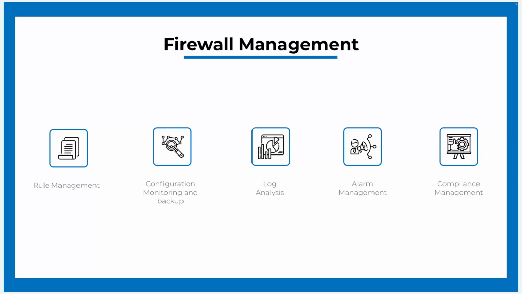It also helps you keep track of security and traffic logs using its log analysis features. And then you have the alarm management, which helps you get notified of attacks and anomalies as and when they happen. Finally, you have the compliance management features, which help you to identify firewall misconfigurations.